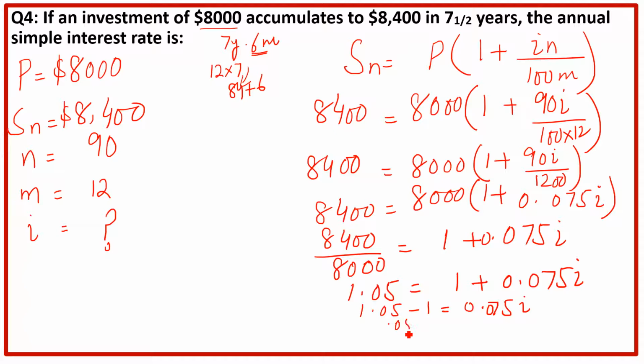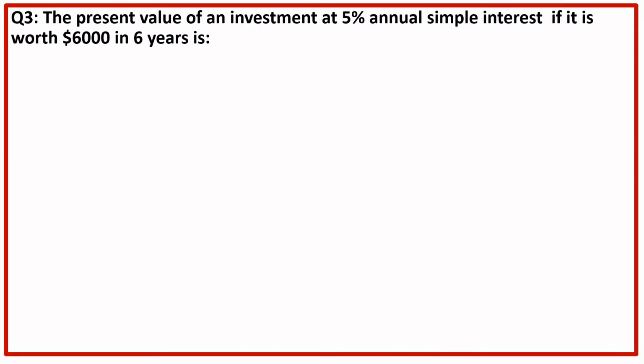So 0.05 is equal to 0.075i, or i is equal to 0.05 divided by 0.075. When we divide it, we will get 0.6666. I can write here 0.6666, and this is the interest rate.